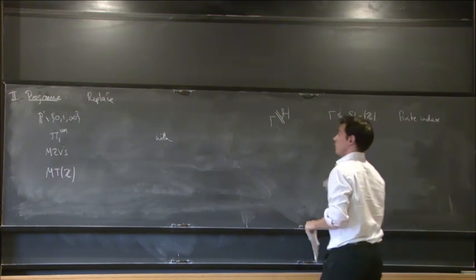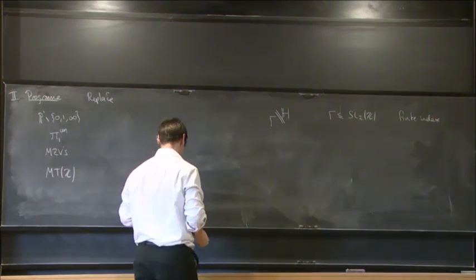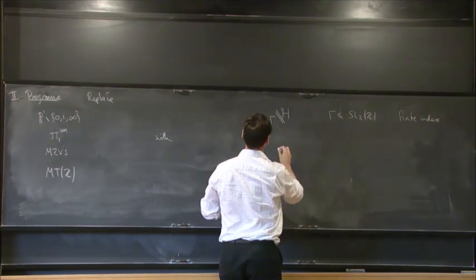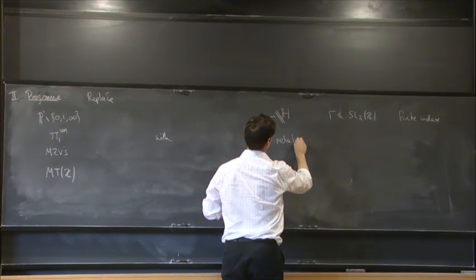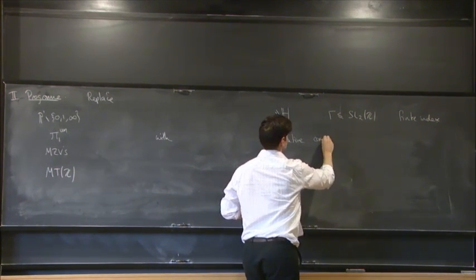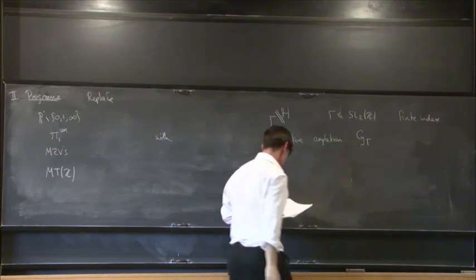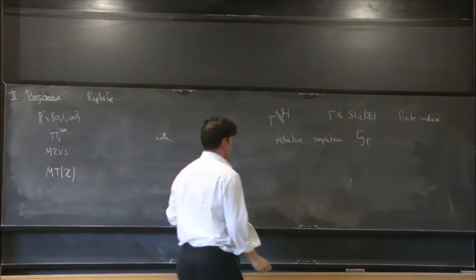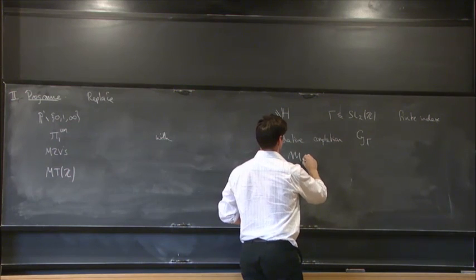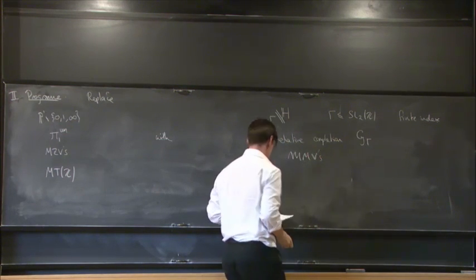So I don't necessarily assume they're congruence subgroups for now. The unipotent completion will be replaced with the relative completion, which we heard a lot about just earlier. And multiple zeta values will be replaced with something I like to call MMVs, multiple modular values.